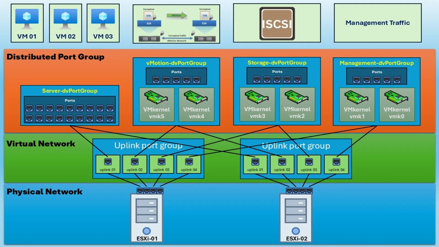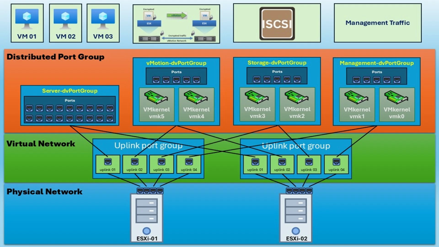You will also see production DV switches used for actual application workloads and storage DV switches used to isolate storage performance. Alongside these components, we have uplink adapters, which connect the distributed switch to the physical network and provide redundancy and load balancing.